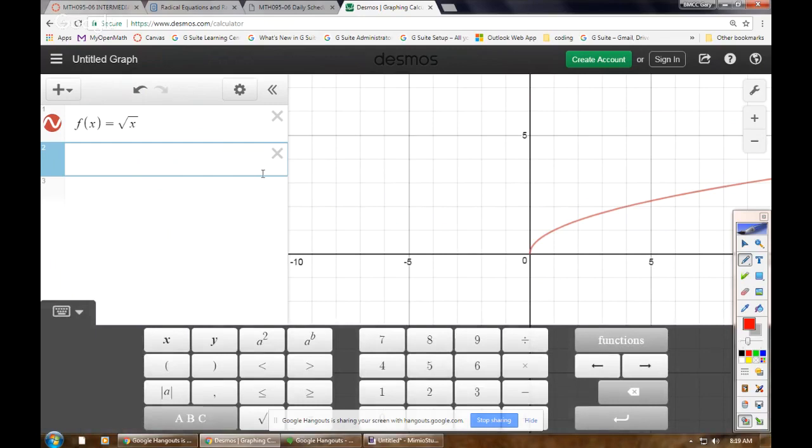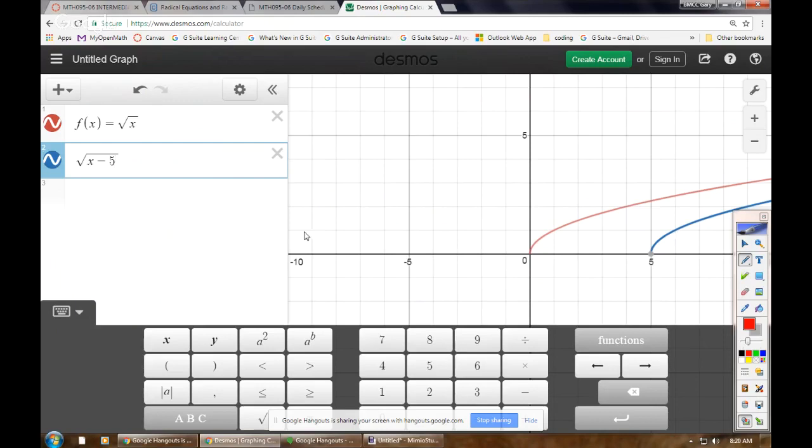Other square root functions. What if you put something else inside? Like what if I tried to graph the square root of x minus 5? Notice when I do a minus 5, it shifts the graph to the right. It's the same basic shape. Right over here, I had a point over 1, up 1. And from the starting point here, I have a point over 1, up 1. So it's the same shape.